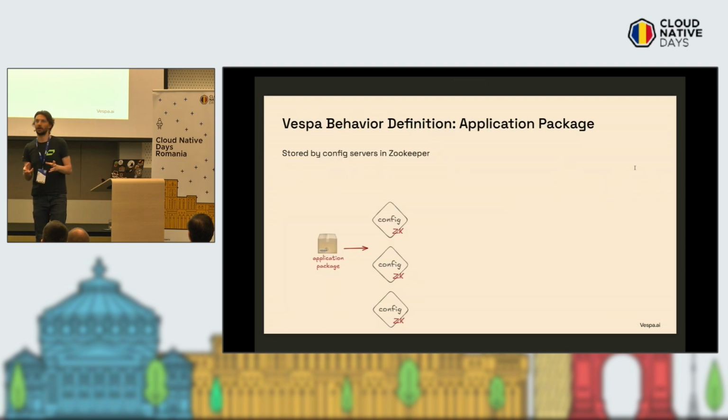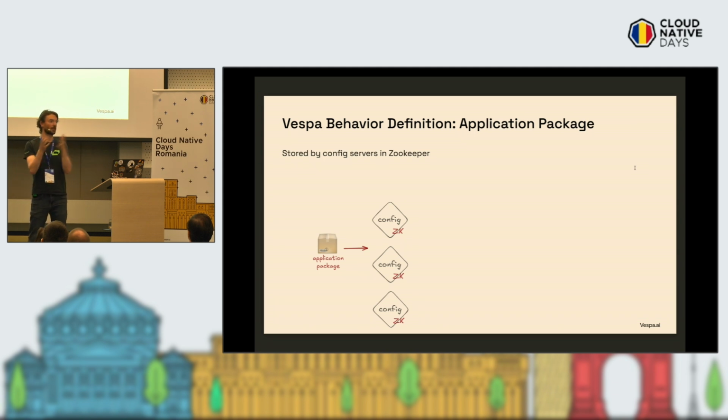In Vespa, this is treated separately. So the behavior definition goes into what we call an application package. An application package is simply a collection of files which contain things like schema, which node should be where, and how much heap it should have. Everything that is configuration goes into this set of files, and we say that we deploy this application package to config servers. So these are like another service, another standalone process.